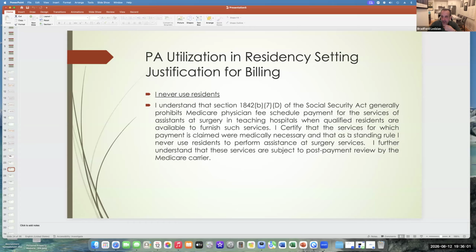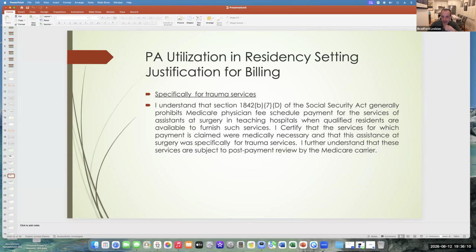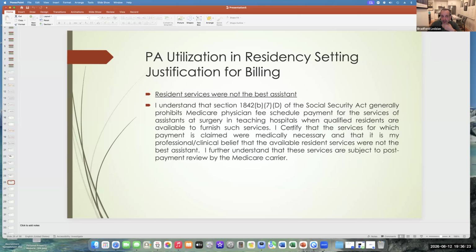Where medically necessary, as a standing rule, I never use residents to perform assistance at surgery services. So you can get paid depending on these situations. Trauma services: I certify the services for which payment is claimed were medically necessary, and that this assistance at surgery was specifically for trauma services. And then the last one: were medically necessary, and it is my professional and clinical belief that the available resident services were not the best assistant, right?